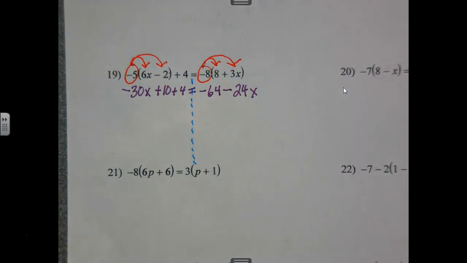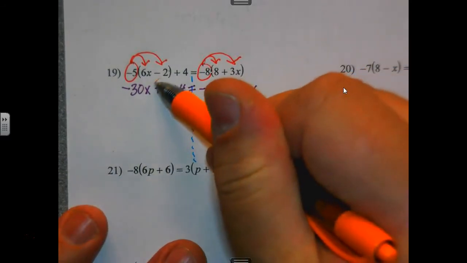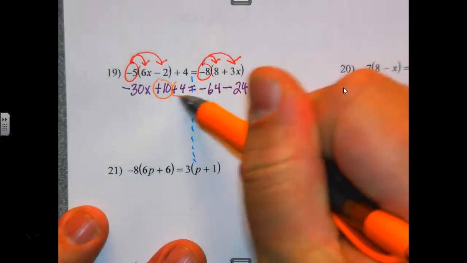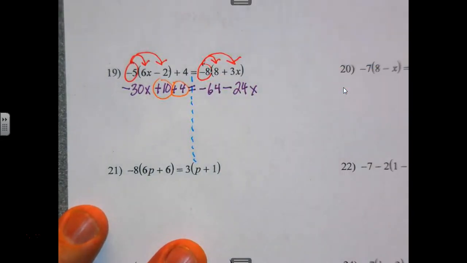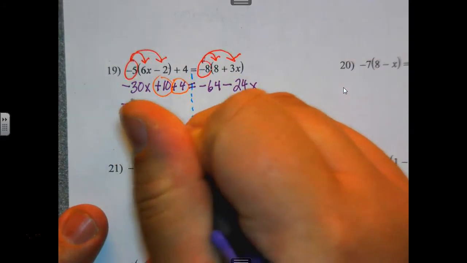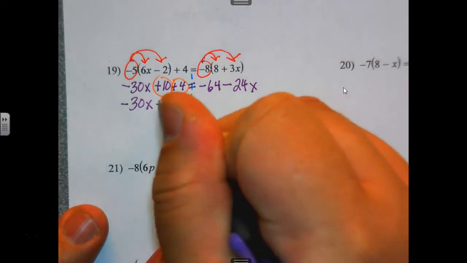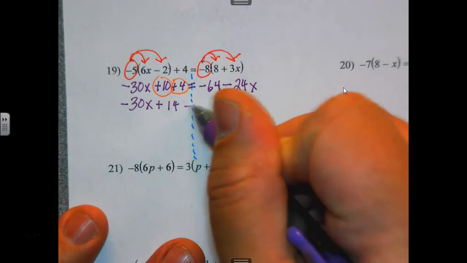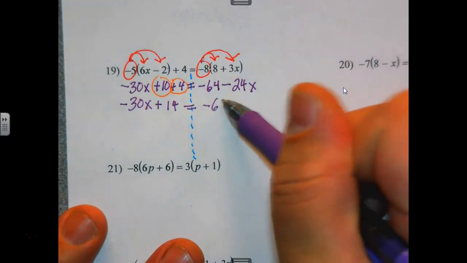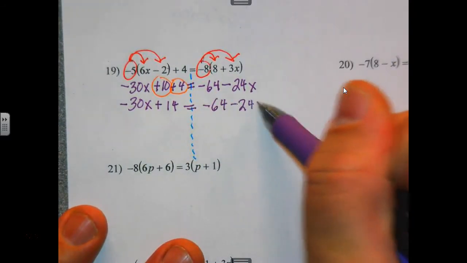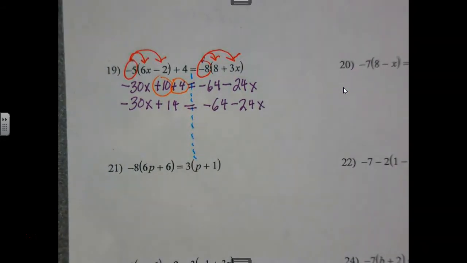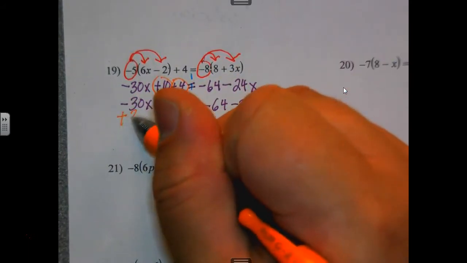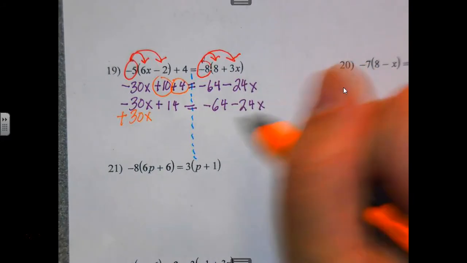Let's combine on the same side of the equal sign. See, the only thing we've got is a plus 10 and a plus 4 that are like terms. So I have negative 30x plus 14. I'm going to add 30x just because I like positive numbers. It's going to make this x term positive.